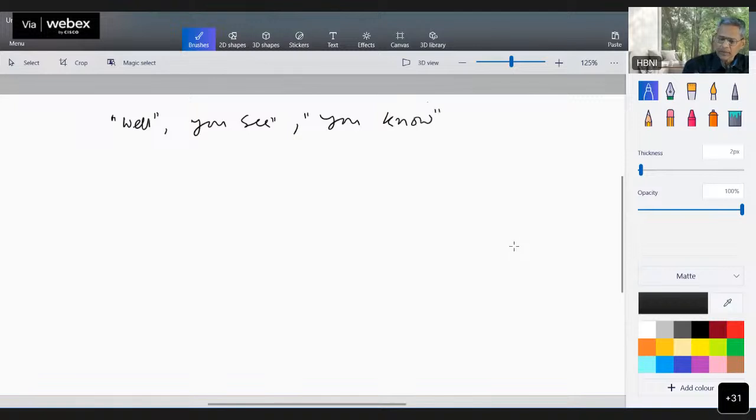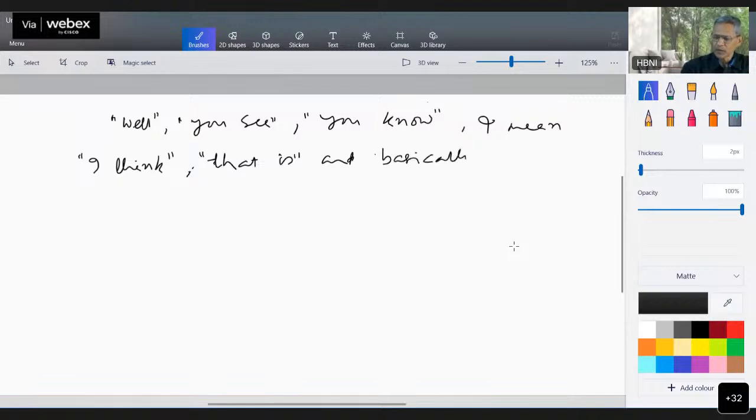This type of sentences you should avoid. I mean, you should not speak this type of words when you are making an oral presentation, like I think, and then, that is, and. Basically, you should not use these words.